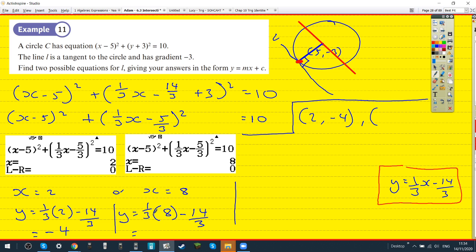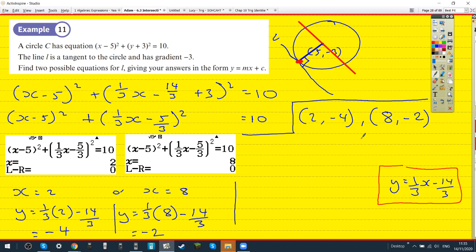You simplify that, which is minus 2. So the answer to that is 8 comma minus 2. That's it. So those are the two coordinates that it could go through with a gradient of minus 3.